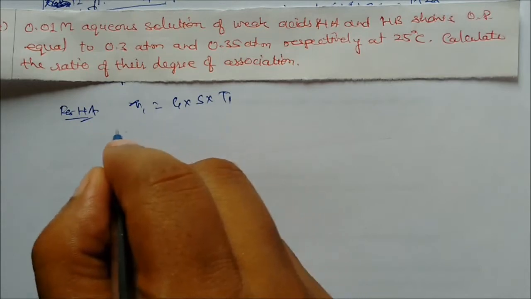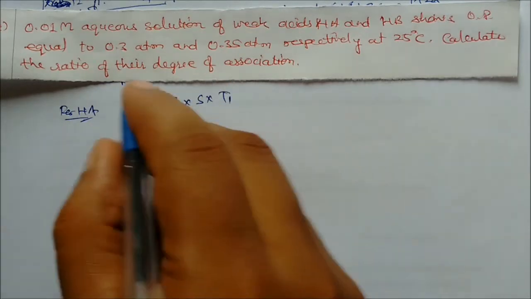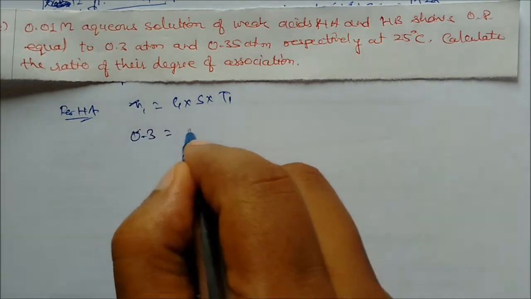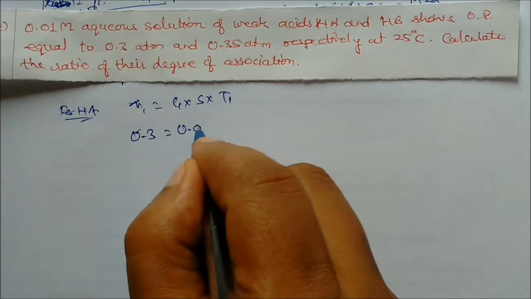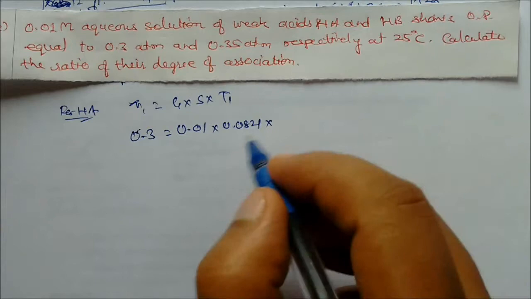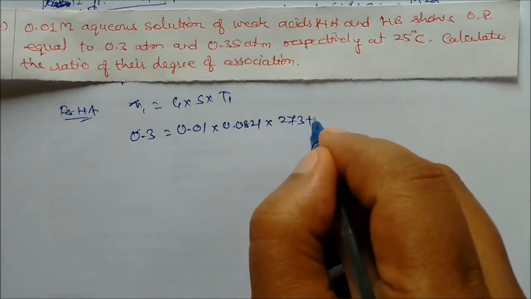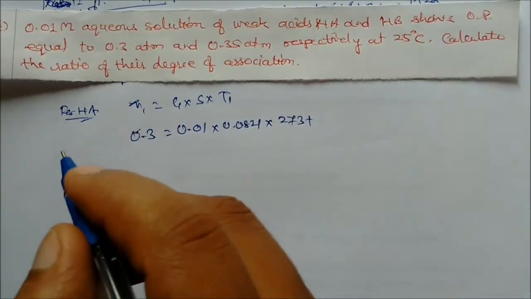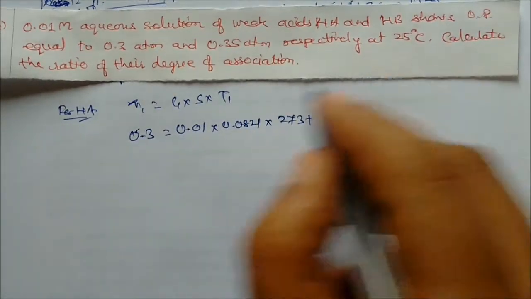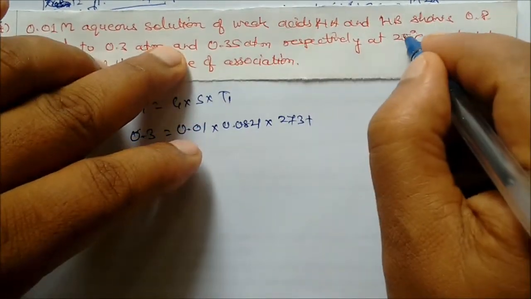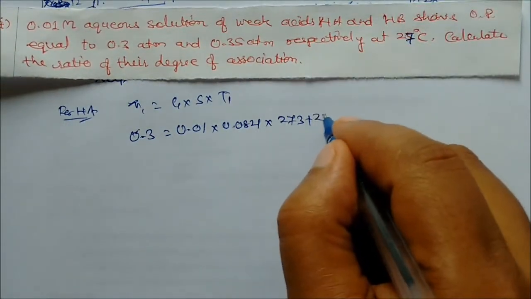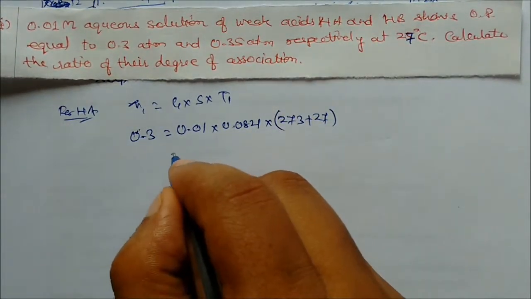Pi is given as 0.3 atmospheric pressure, so we put 0.3 equal to concentration 0.1, multiplied by 0.0821, and the temperature is given as 25 degrees centigrade, so 273 plus 25, which I have taken as 27. So 273 plus 27 gives 300.